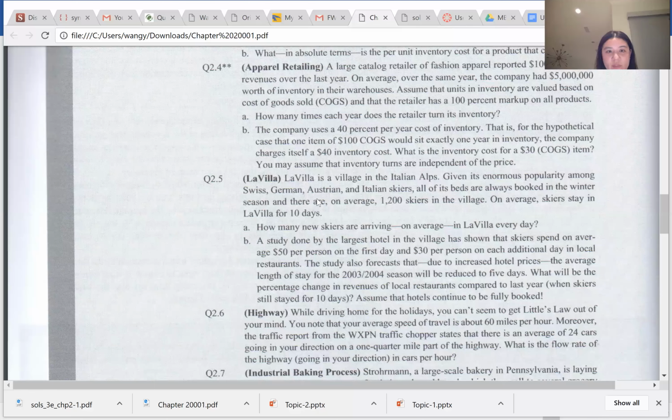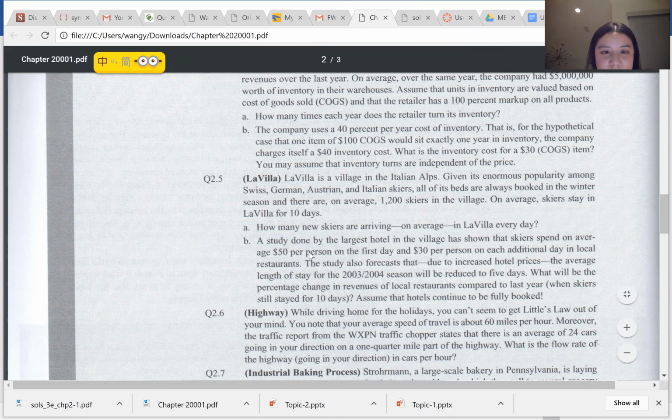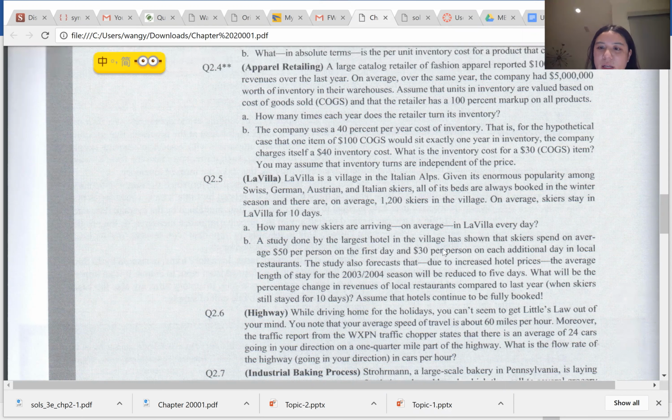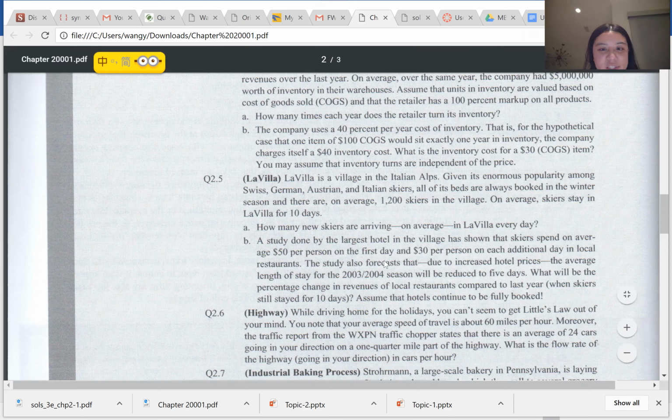Yeah, let's see question 2.5. Question B: a study done by the largest hotel in the village has shown that the skiers spend on average $50 per person on the first day and $30 per person on each additional day in local restaurants.